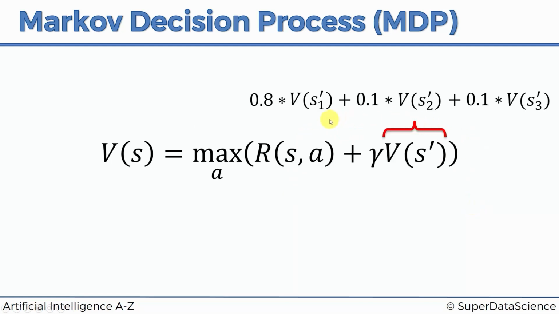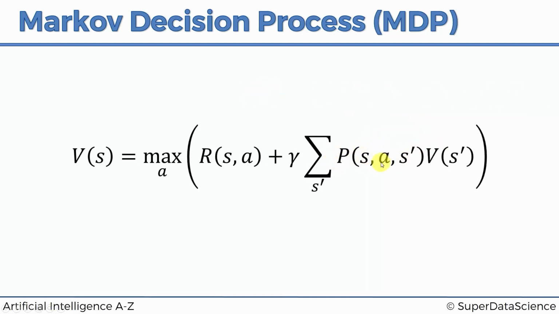So if it was a 33% chance, then it'll be this plus this plus this divided by 3, basically. But in this case, it's not exactly a plain average. It's a weighted average because of your probabilities here. So here you've got the probability of, when you're in this state and take this action, getting into state S prime, times the value of S prime, summed across all S primes that you could possibly get into.